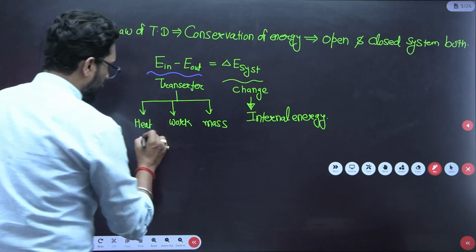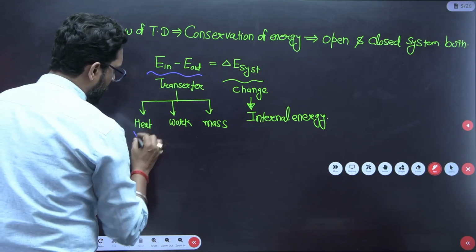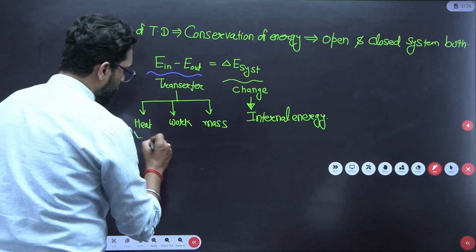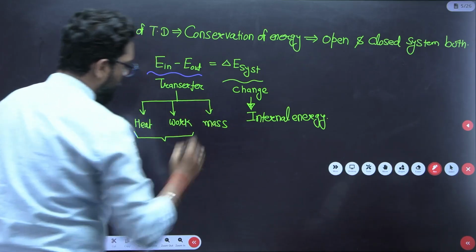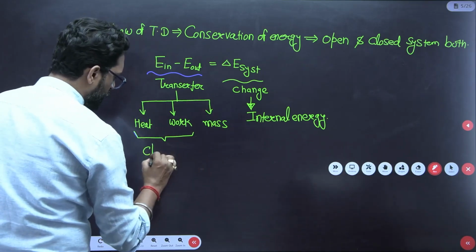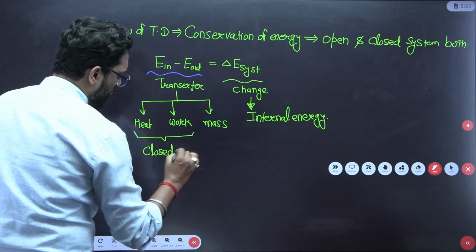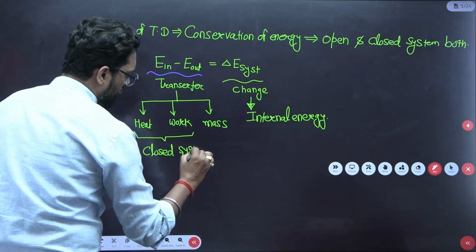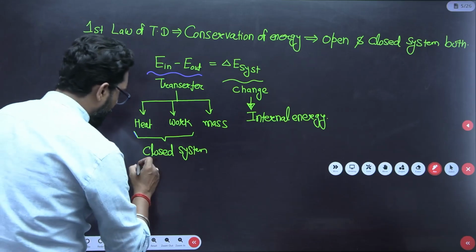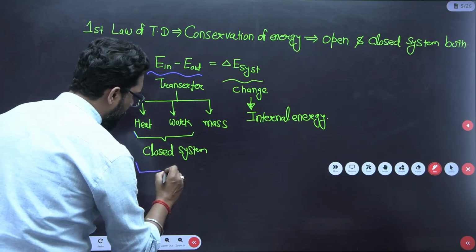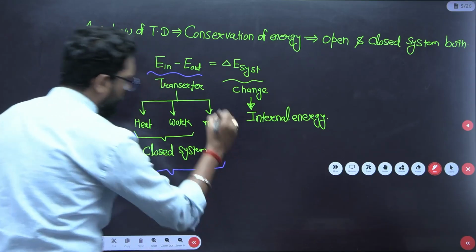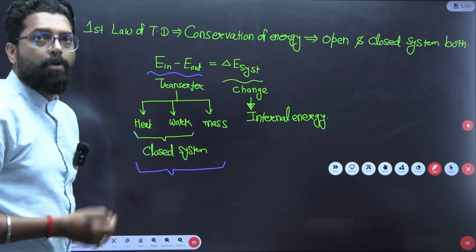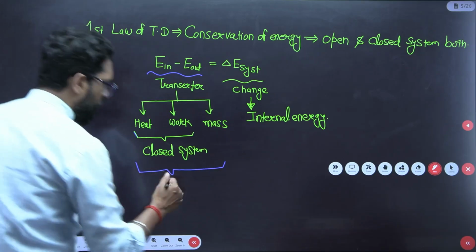Now, if in the system there is only heat and work interaction, this is called closed system. If the energy interaction between the system and surrounding is both heat and mass, or only mass, that is called open system.